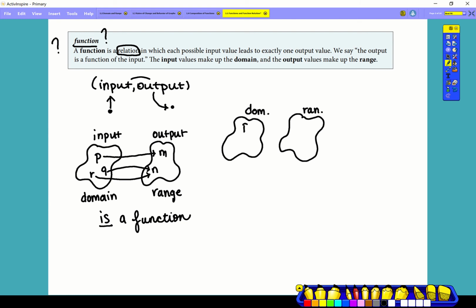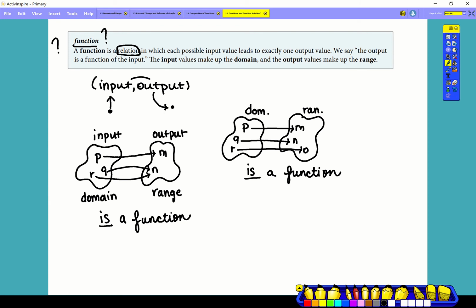This is also a function, if each one just has something different. That's okay.